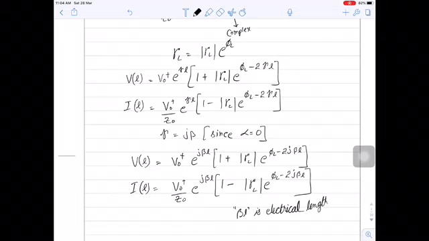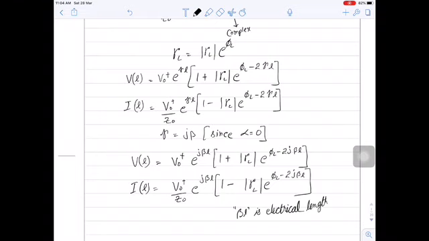Therefore, if you observe these two equations, the common factor V0+ e^(jβL) is common in both the voltage and current equations. e^(jφ_L) e^(-2jβL) is also common in both expressions.